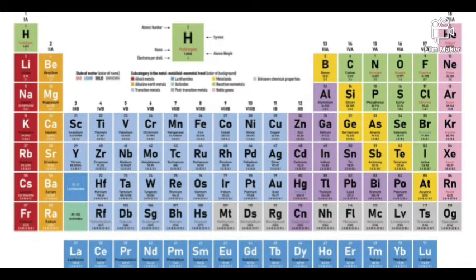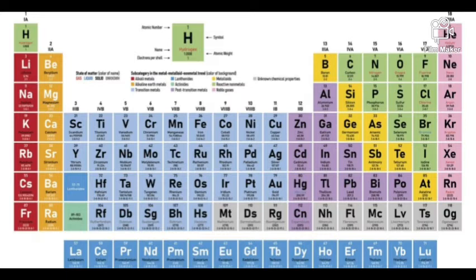The blue elements are lanthanides, and the one pale green element that is given in the periodic table is the actinides. And the green color boxes that you see on the right hand side, in a zigzag way, are the reactive non-metals. So I hope that you understand what metals and non-metals are from the periodic table.